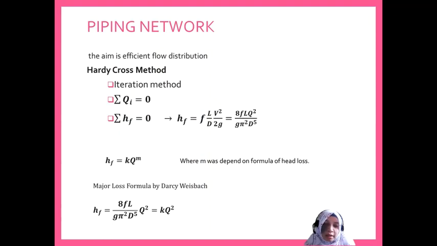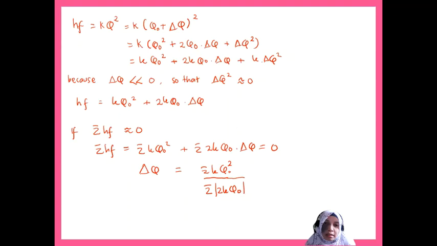So if the constant in the formula, we can write K. So HF equals K times Q squared, equals K times the bracket QO plus delta Q squared. Delta Q is the error because we want to have the result Q in equals Q out.